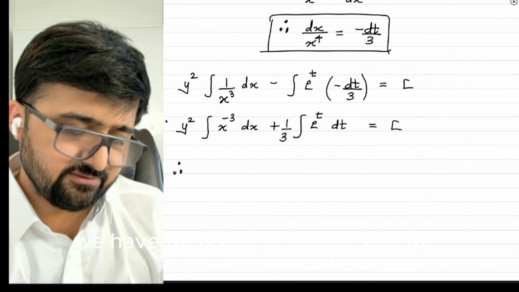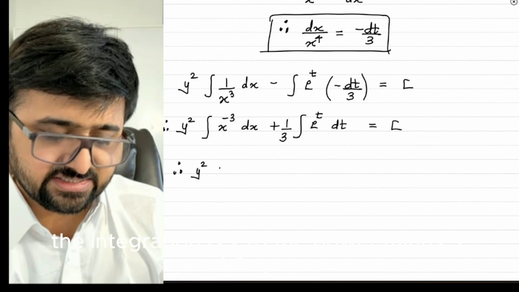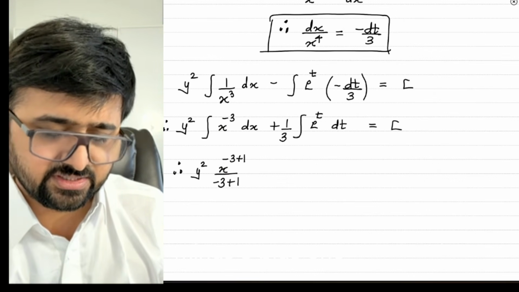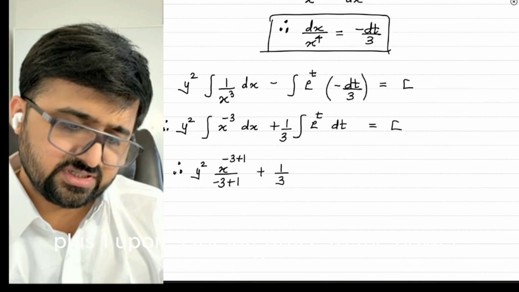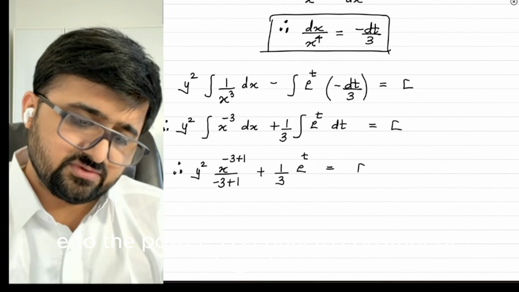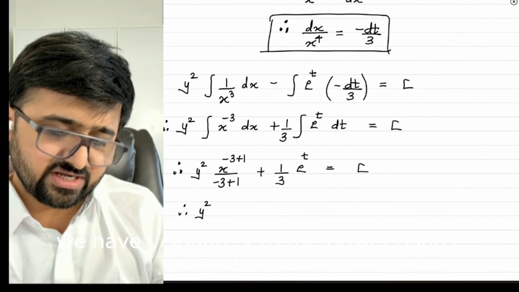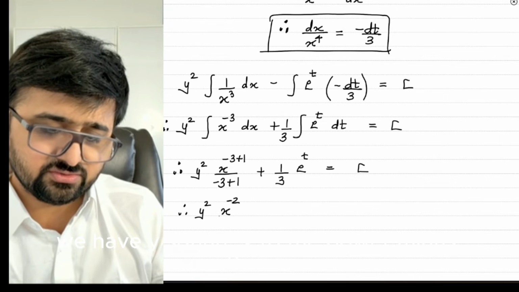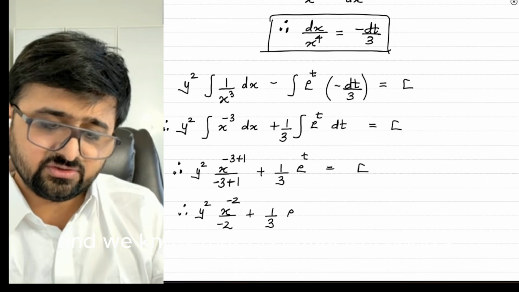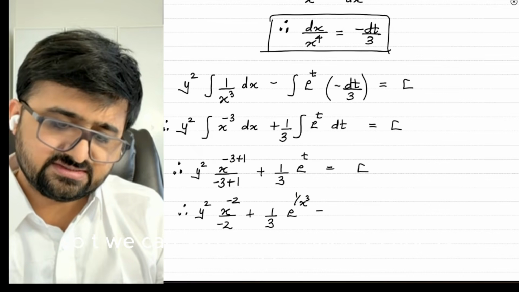Therefore we have y square times the integration of x to the power minus 3, which is x to the power minus 3 plus 1 upon minus 3 plus 1, plus 1 upon 3. For the integral of e to the power t, we know the integral is e to the power t. So therefore we have y square x to the power minus 2 over minus 2, plus 1 upon 3, and we know that t is equal to 1 upon x cube.